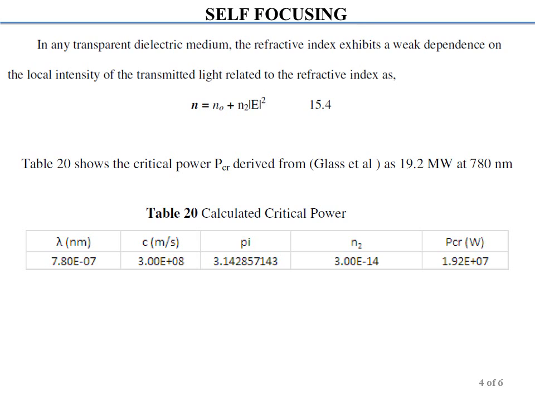In calculating for 780 nanometers, we use the speed of light, then pi 3.142, then n sub 2 equals 3.0 times 10 to the minus 14. We can calculate a critical power, at which self-focusing becomes important, of 19.2 megawatts at 780 nanometers. So for DPALs, self-focusing will not become an issue until somewhere around 19.2 megawatts.